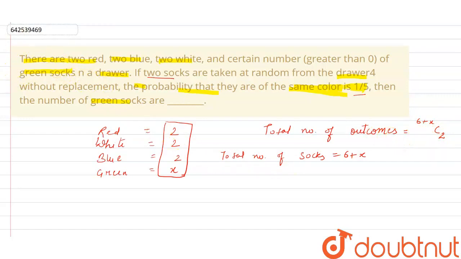Now for the favorable number of outcomes, the two socks which are taken out are of the same color. That means they can either be red red, blue blue, white white or green green. These are the favorable outcomes only, right?